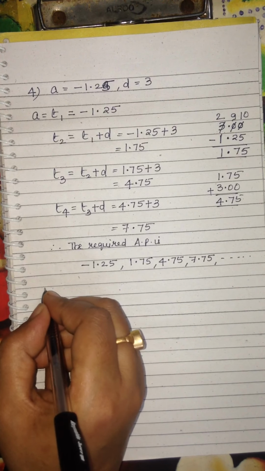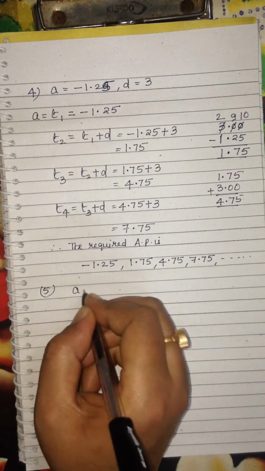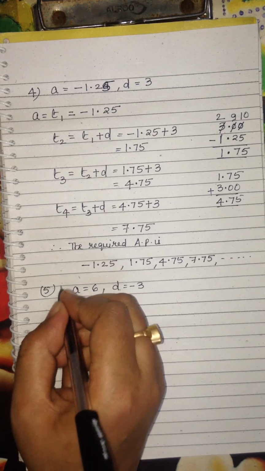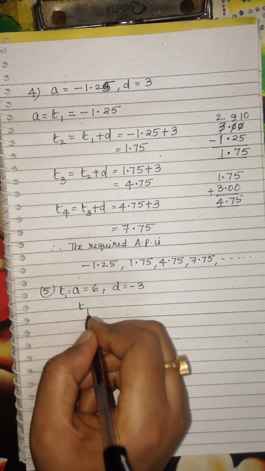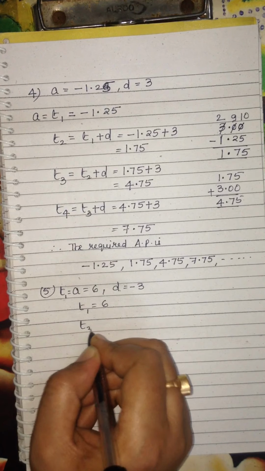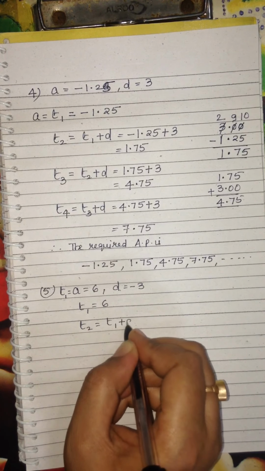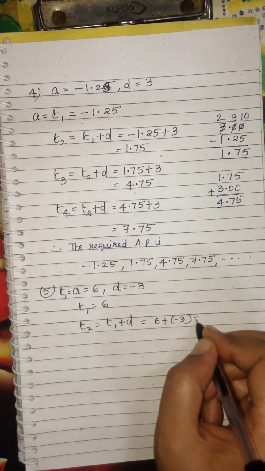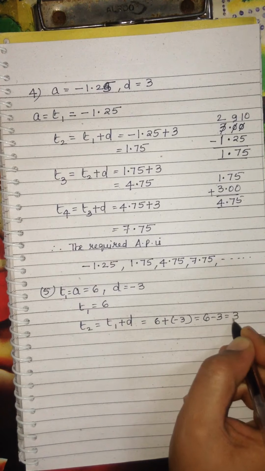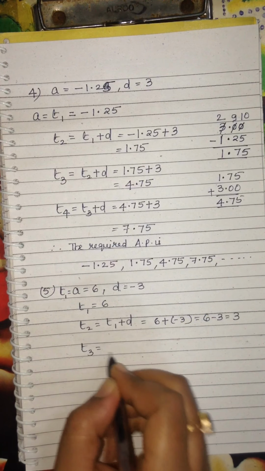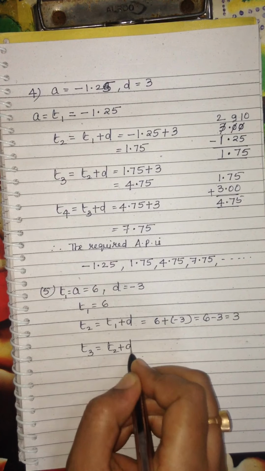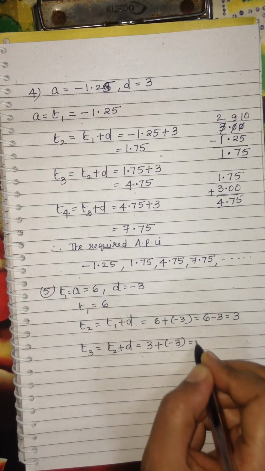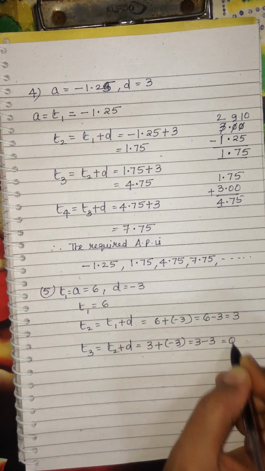Okay, now the fifth one, a is equal to 6 and d is equal to minus 3. a is given means the first term is given, the second term is first term plus the common difference, that is 6 plus minus 3, 6 minus 3, that is 3. t3 is second term plus the common difference, that is 3 plus minus 3, which gives us 0.